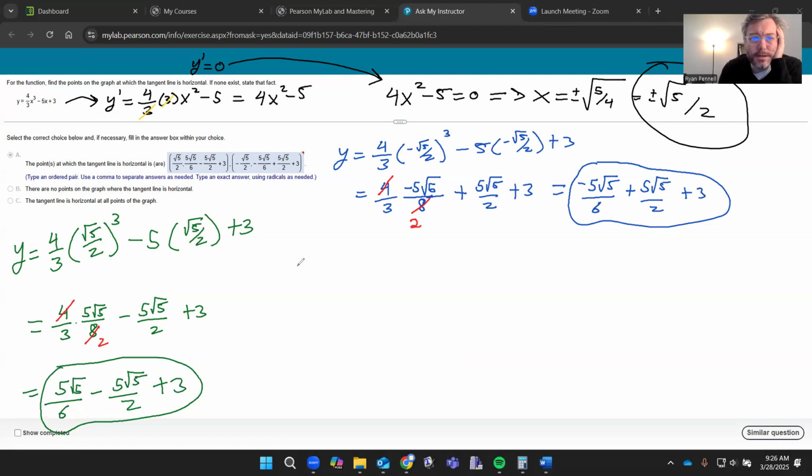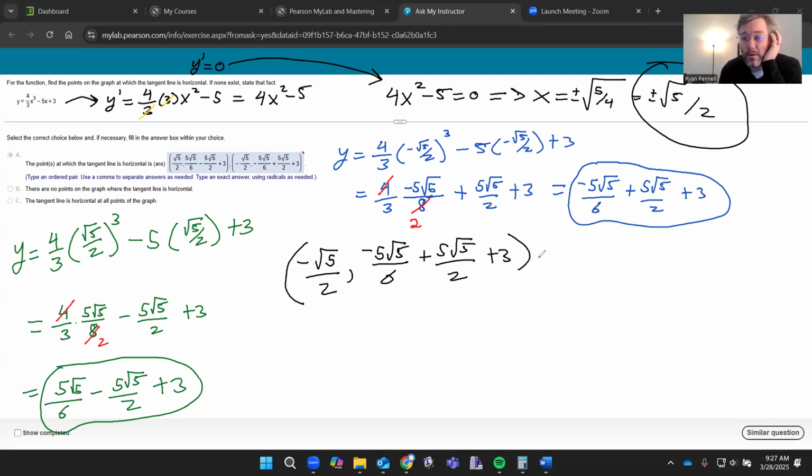So if you want to see it as a final answer, usually, you don't have to, but usually I plug in the negative first, negative root 5 halves, comma, negative 5 root 5 over 6 plus 5 root 5 halves plus 3.